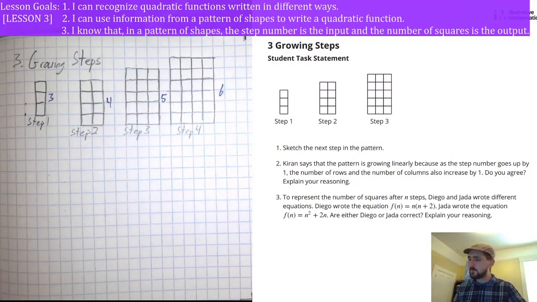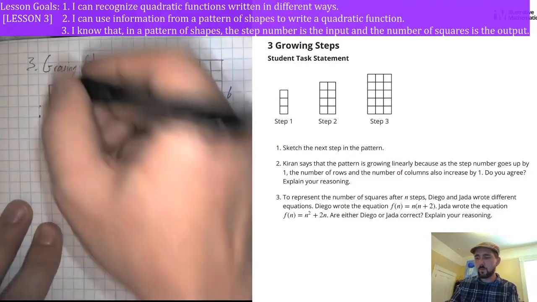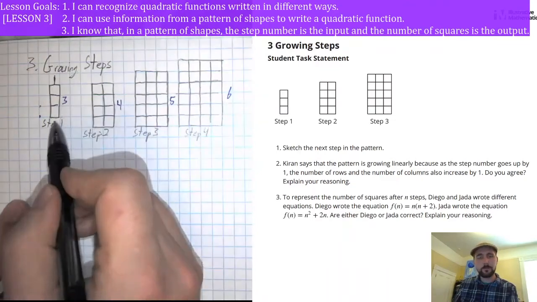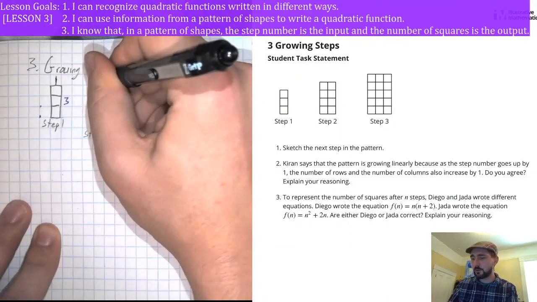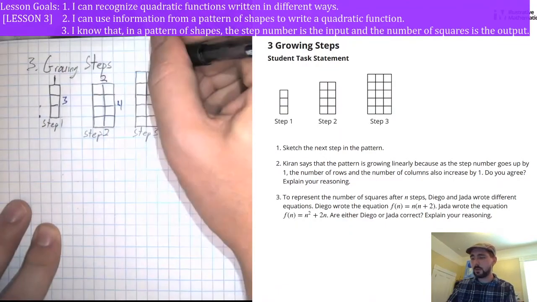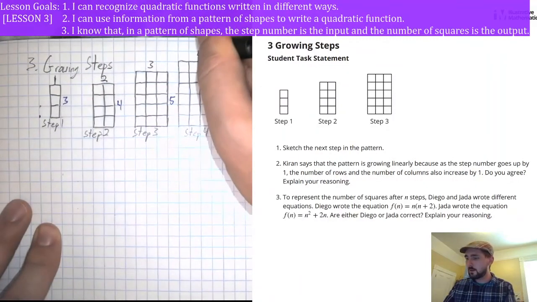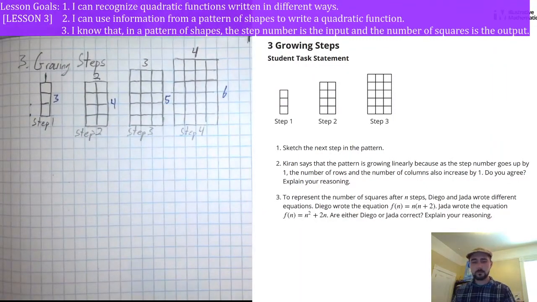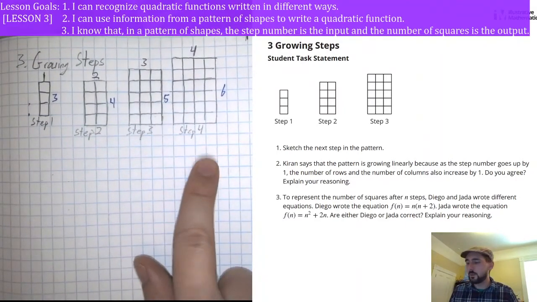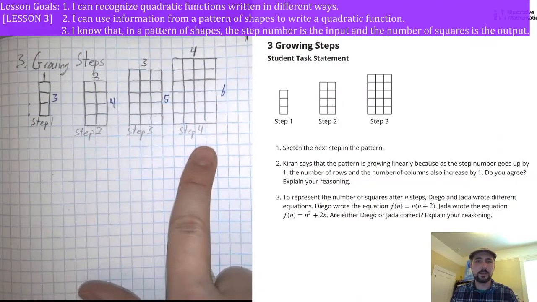And let me write in what I noticed the first time. So step 1 was 1 across, step 2 was 2 across, step 3 was 3 across, and step 4 was 4 across. So this is number 1, right? Sketch the next step in the pattern.